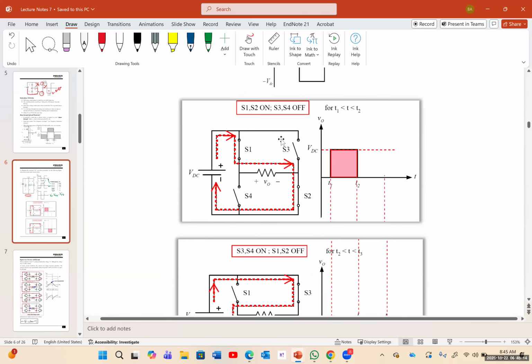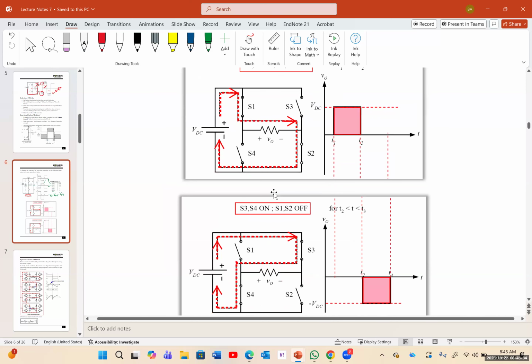And this is the illustration for it. So S1 and S2 are turned on, therefore S3, S4 is turned off. And you can see that the current is going from left to right, and you're going to have a positive VDC. And by the way, this is for T between T1 and T2. And for the second scenario, the current is going from right to left. Therefore, this positive is connected to this negative, and you're going to have a negative or inverted voltage.